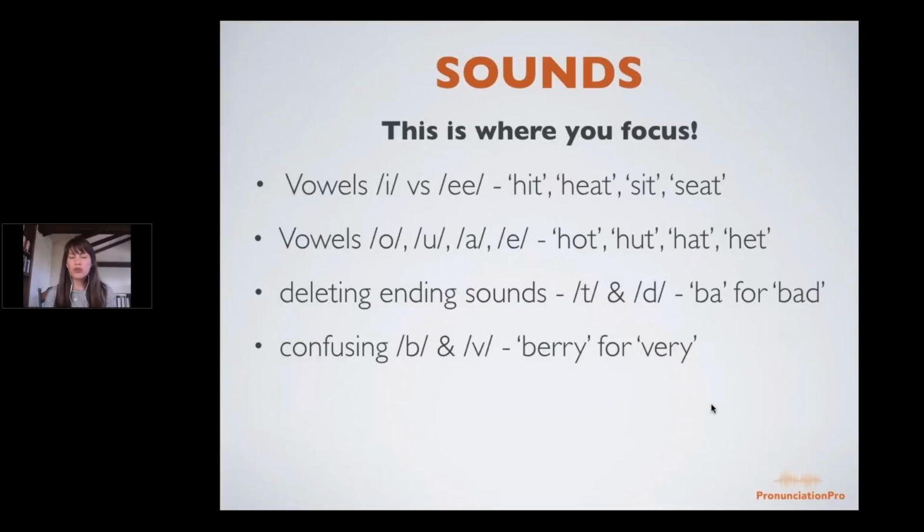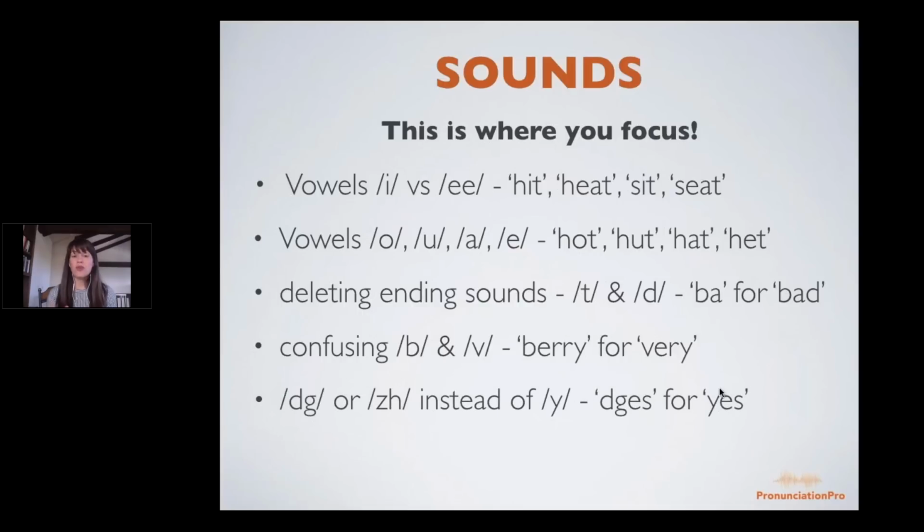As we go into each one of these, I want us to have an open mindset so that you can discover for yourself if some of these are a problem for you, because you really can't fix or change anything without that discovery, without really understanding what it is that you might be saying incorrectly.